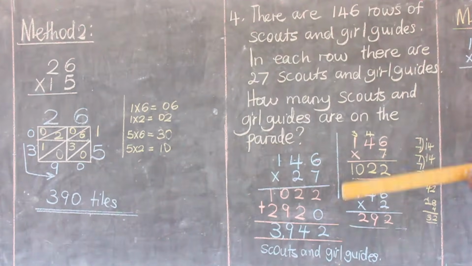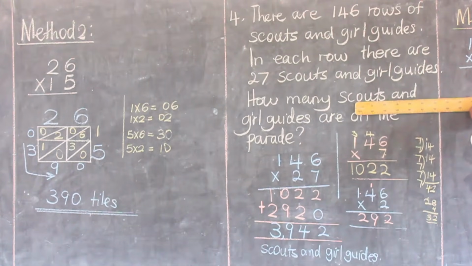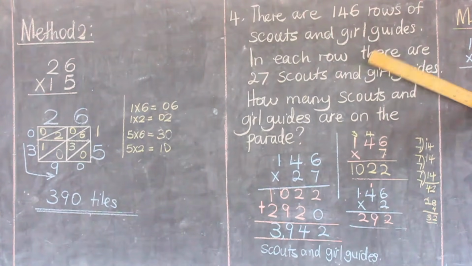Times 27. In our method 2, we shall have 146 times 27. So come and draw a table.